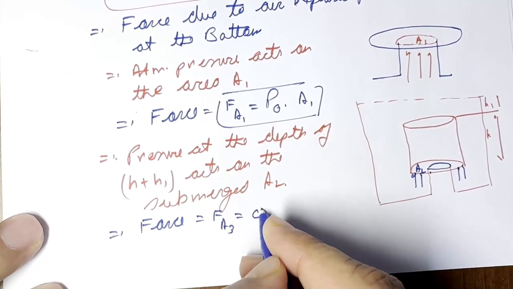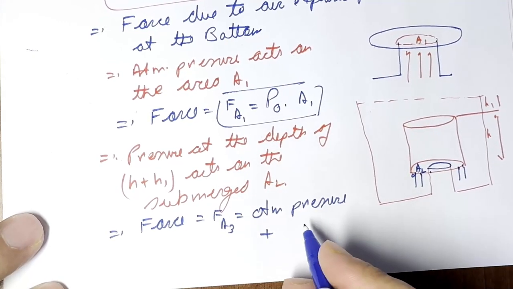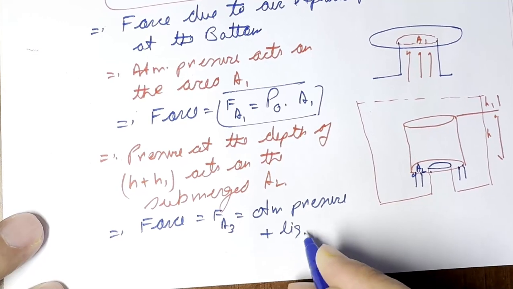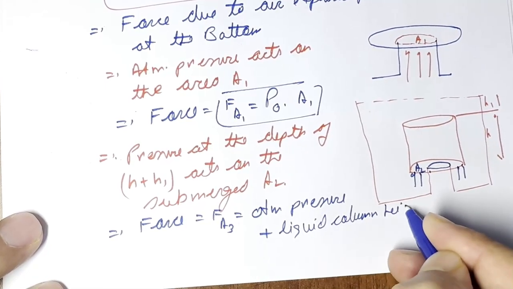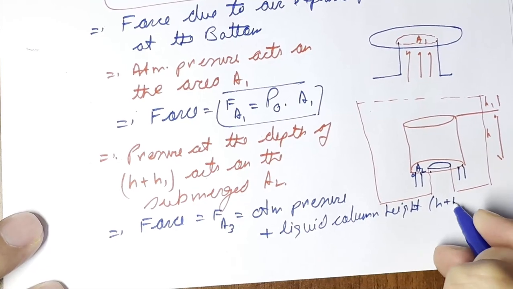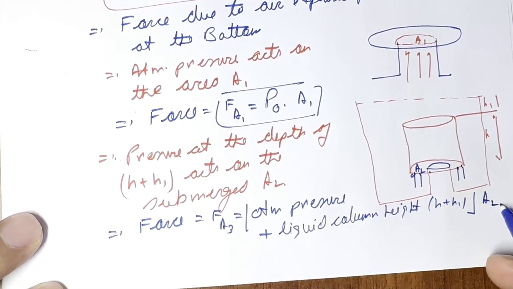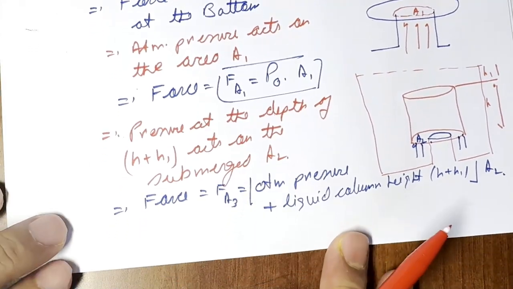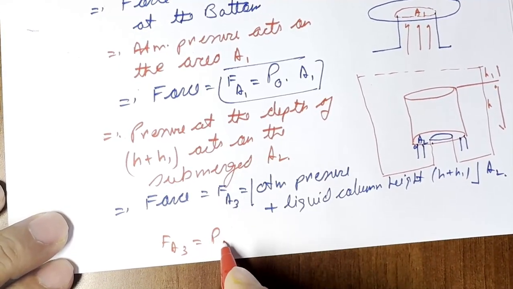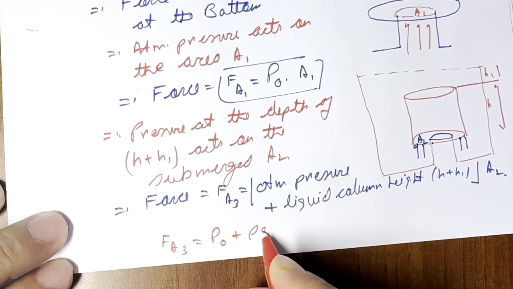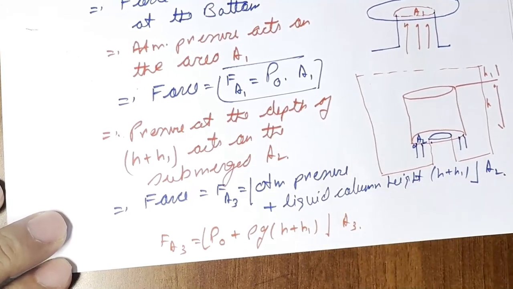So we can write this as atmospheric pressure plus liquid column height H plus H1, and the entire thing multiplied by A2. So we simply substitute the values. We get FA3 equal to PA plus rho g times H plus H1, multiplied by A3.